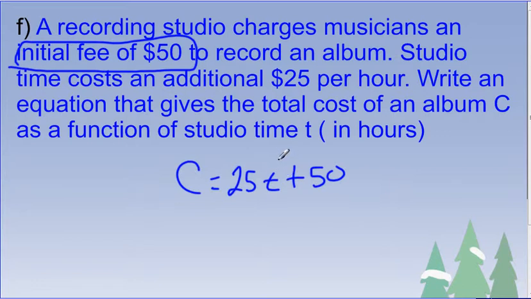So if that was 2 hours, it'd be 50 bucks. 3 hours would be 75 bucks. Plus the initial fee is the total cost. This is an equation in slope-intercept form. Look at it. Variable equals slope variable plus intercept. That's what we have. So overall, not too hard either.